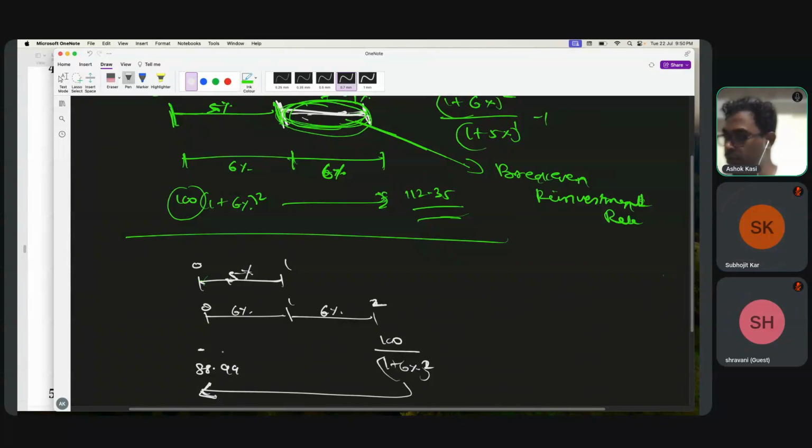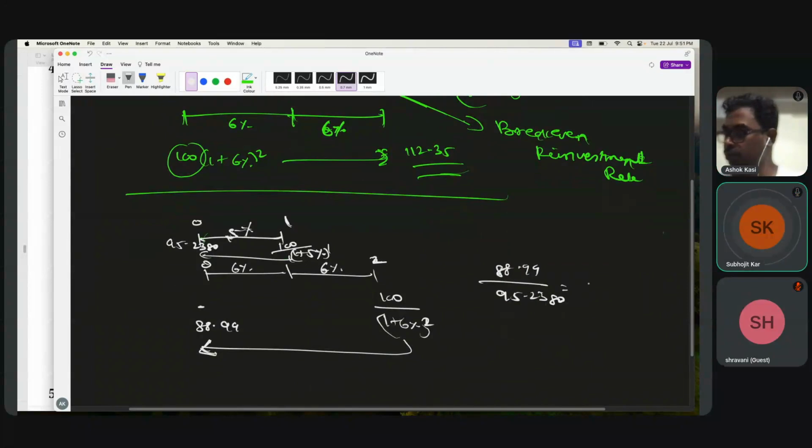Then similarly, if this is 100, I'm discounting at 5% for 1 year. So how much will it come to? 95.2380. Okay, now 88.99 divided by 95.2380 is what? Just calculate.